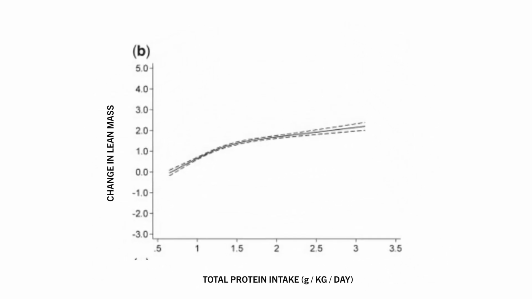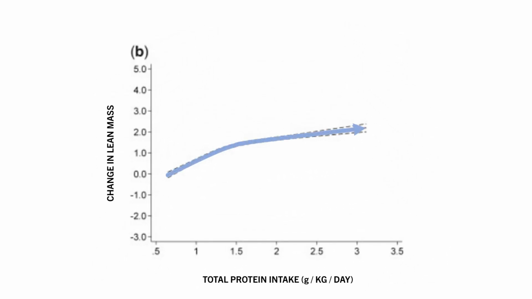Most relevant for this video is probably this graph here, which only included data from studies which implemented resistance training during the intervention. It was found that higher protein intakes generally result in superior gains in lean mass, although there appears to be a point of diminishing returns beyond around 1.5 grams per kilogram per day on average, where more protein has less additional benefit for muscle growth.